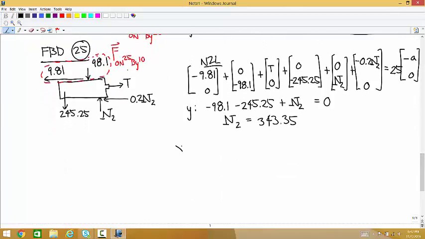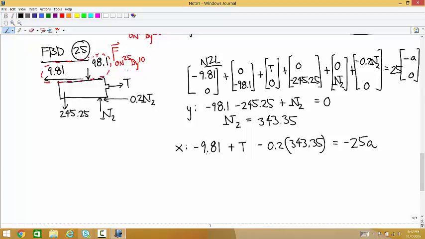And then plug that into the x equation: negative 9.81 plus t minus 0.2 times 343.35 is equal to negative 25a.